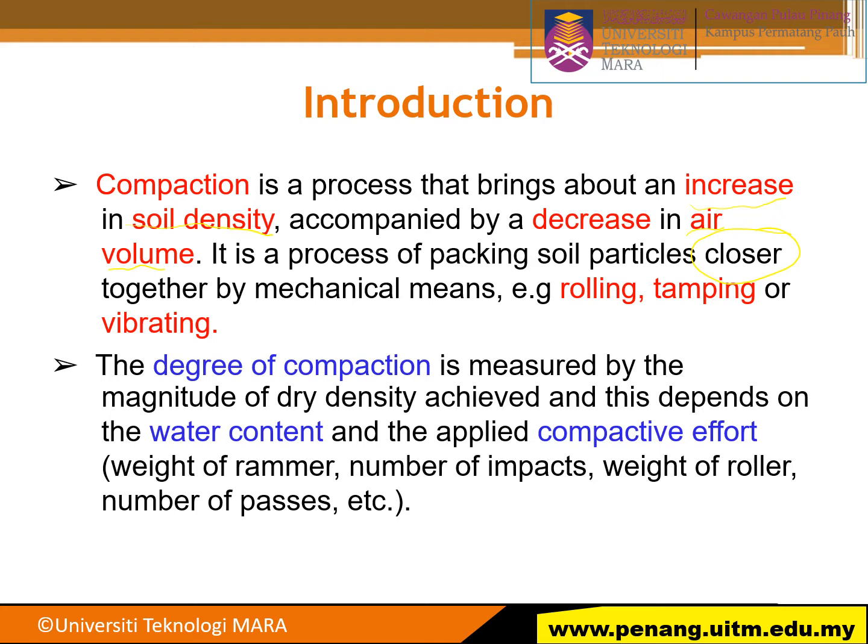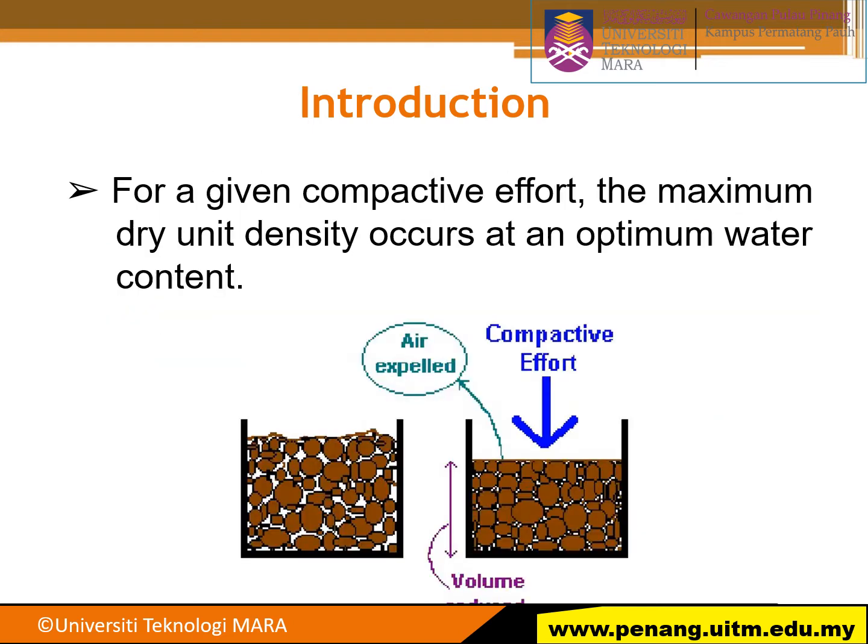The degree of compaction is measured by the magnitude of dry density achieved, and it depends on the water content and the applied compactive effort, such as weight of rammer, number of impacts, weight of roller, and number of passes. For a given compactive effort, the maximum dry unit density occurs at an optimum water content.